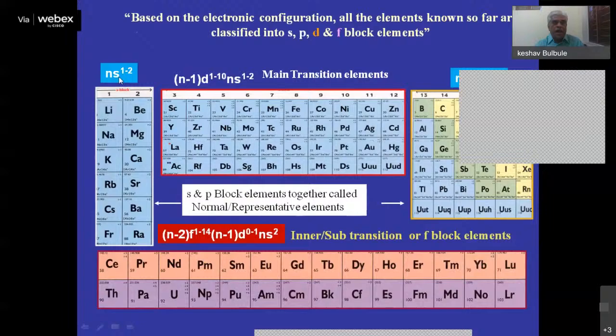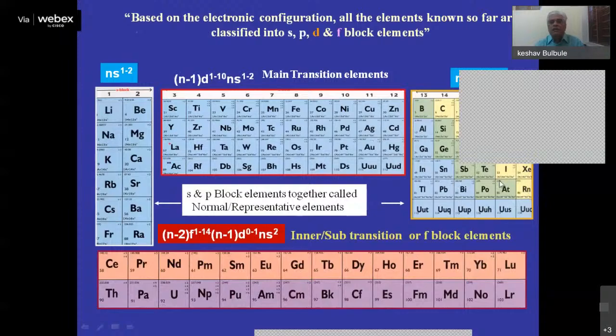That means the added electron enters into the s subshell, where, as you know, n is called the principal quantum number. This is on the left hand side. On the right hand side, we have got ns2 np1 to 6.